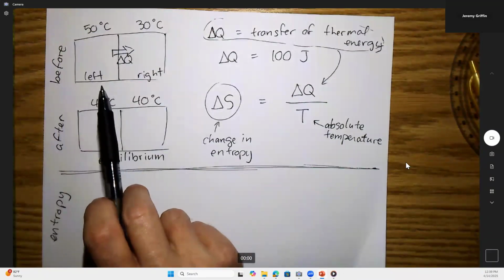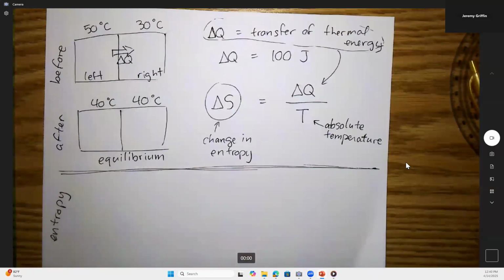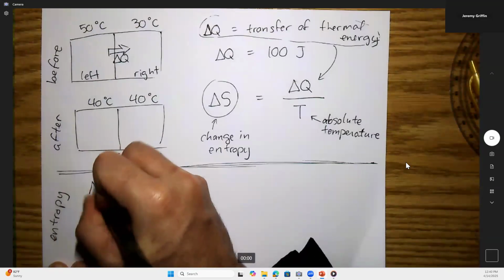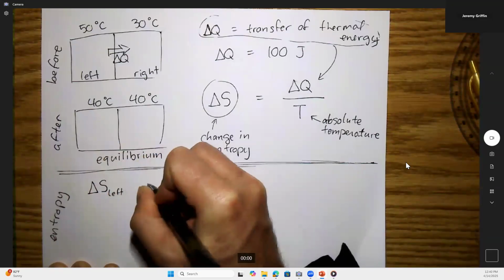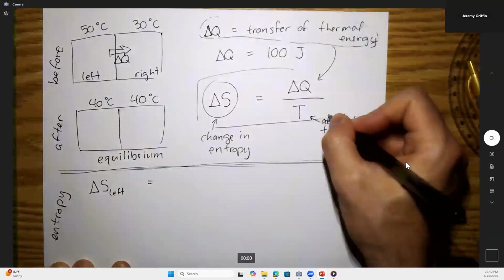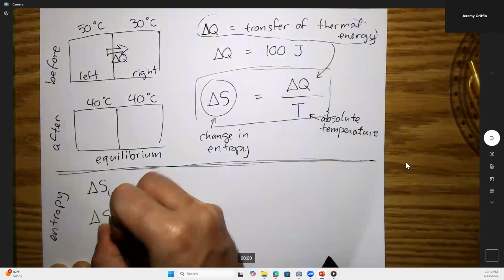Remember, I labeled these boxes the left box and the right box. Okay. And then we'll say what happens to the entropy for the entire system. Okay. So delta S, the change in entropy of the left box. We'll set up an equation for that. The equation is going to look like this right here. Go to your writing formula. Okay. We'll do what's the change in entropy for the right box.